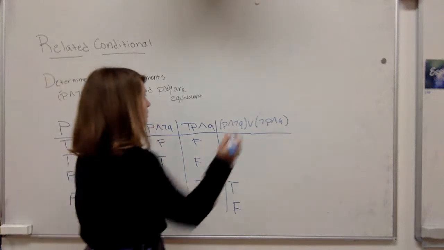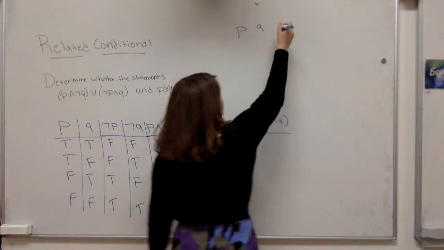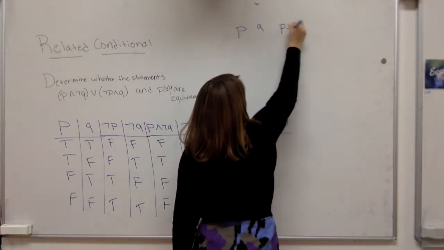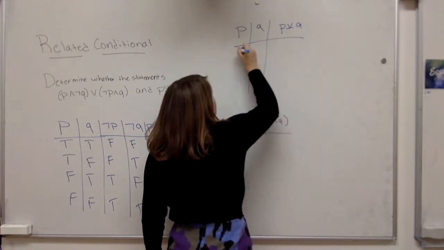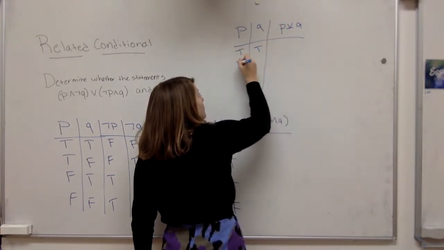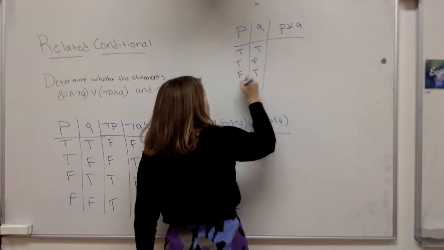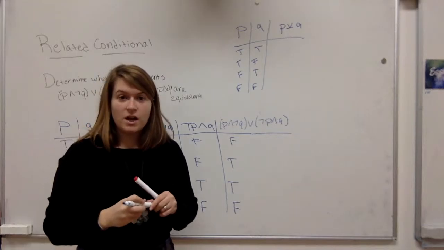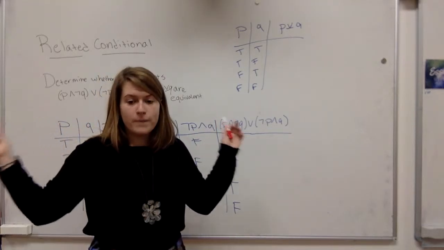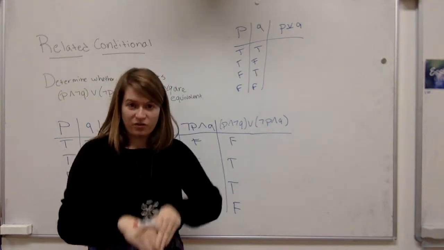So I'll do it here. So we have P, Q, and then we'll just do P exclusive disjunction Q. True, true, true, false, false, true, false, false. So exclusive disjunction, they can't both be true and they can't both be false.